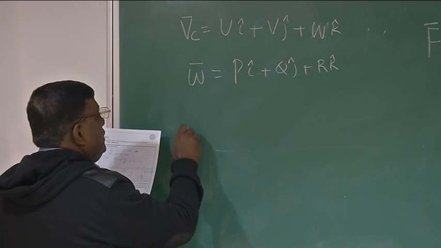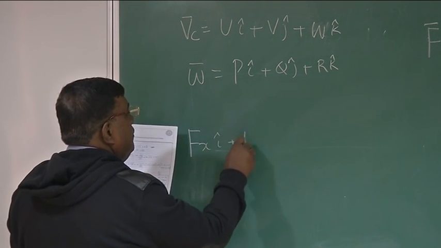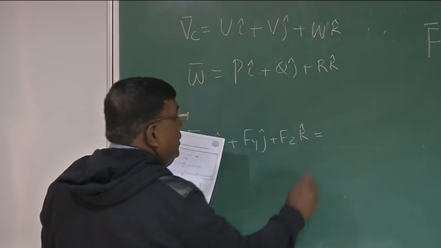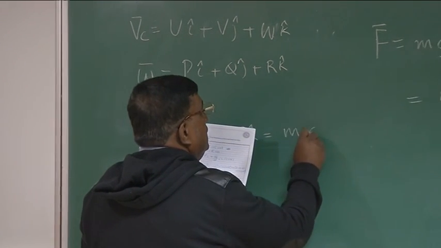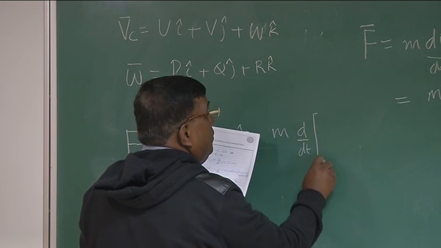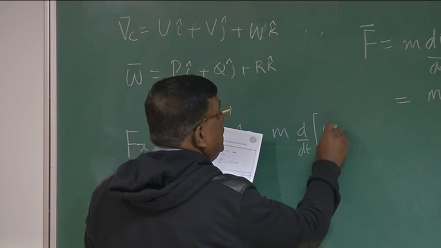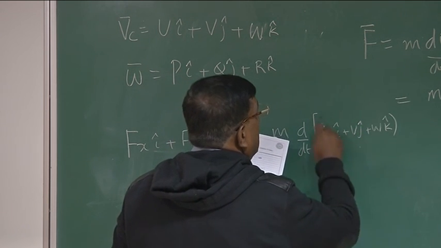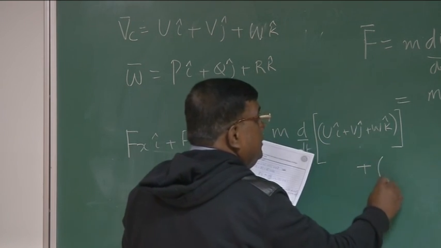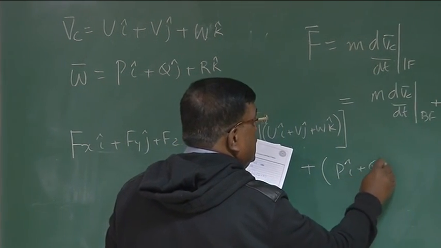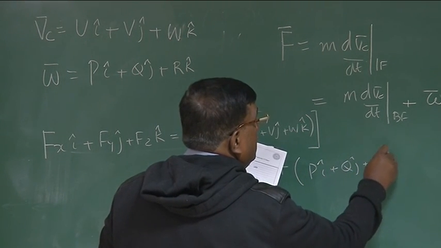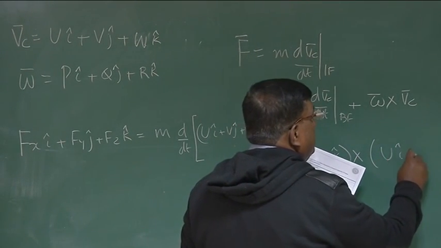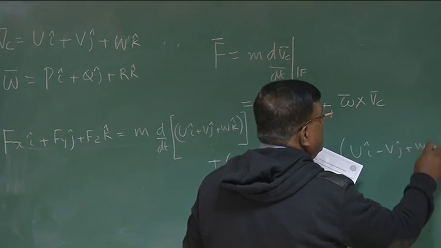I get Fx i plus Fy j plus Fz k will be equal to m d by dt of Vc, where Vc is u i plus v j plus w k, plus omega cross Vc, where omega is P i plus Q j plus R k and Vc is again u i plus v j plus w k.